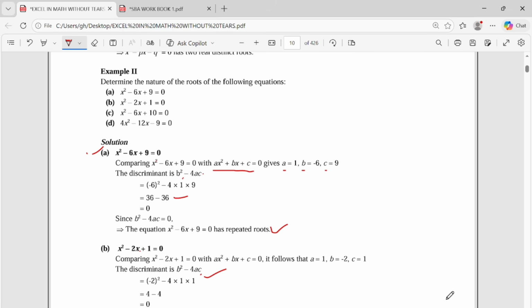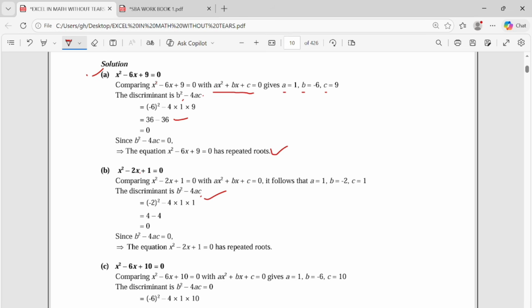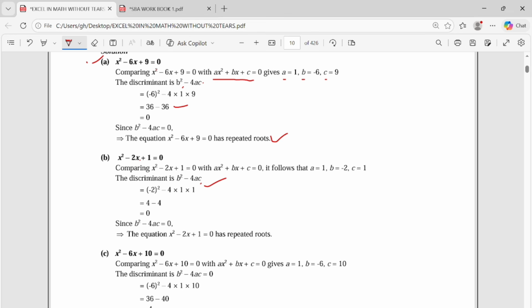I want us to find some equation that has imaginary roots and then real and distinct roots. So this is equation 2. Equation number 3 still follows the same concept of finding the values of A, B, and C from the equation by comparing with the general expression of the quadratic equation.